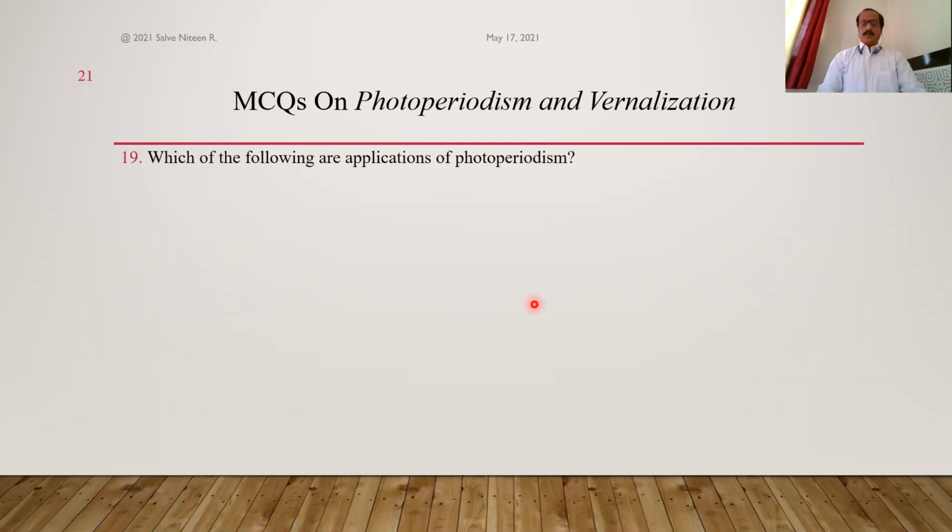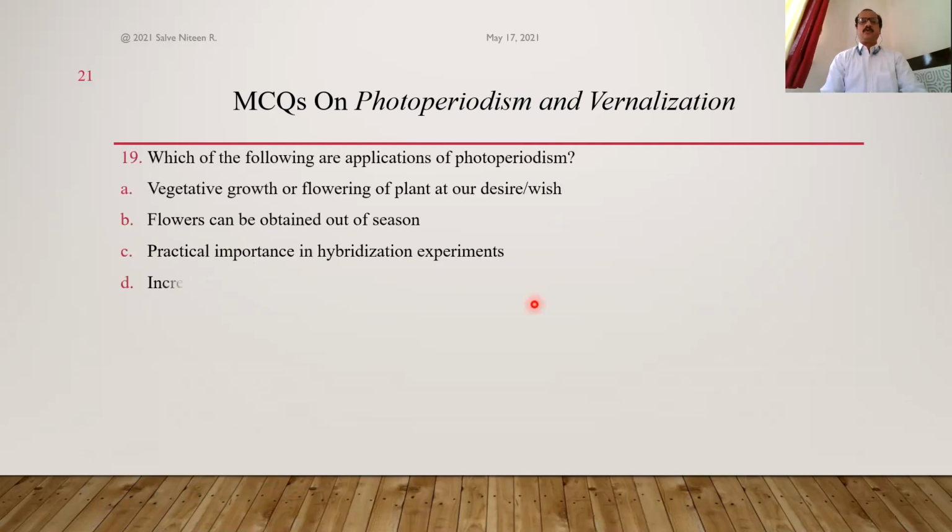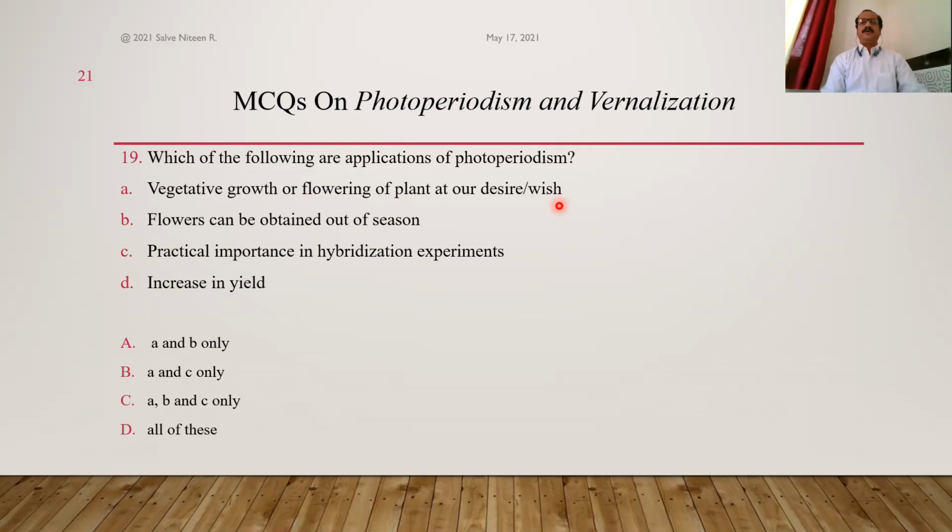Next one. Which of the following are the applications of photoperiodism? Vegetative growth or flowering, whatever stage we want from the plant as per our desire. If we understand the photoperiodism phenomenon in that particular plant, then we can get the vegetative stage or flowering of the plant at our desire. So that is the application.